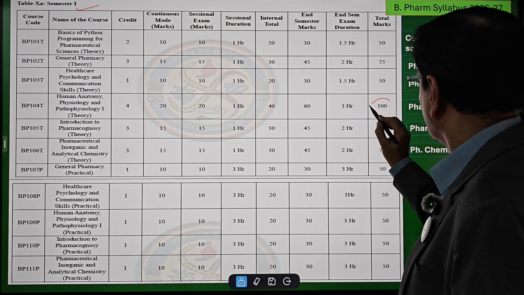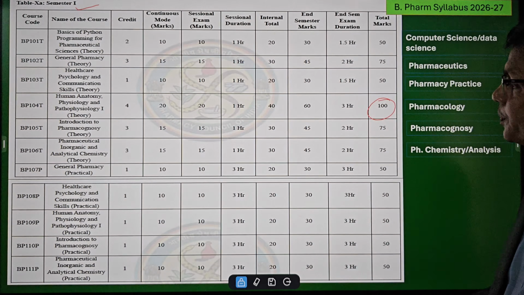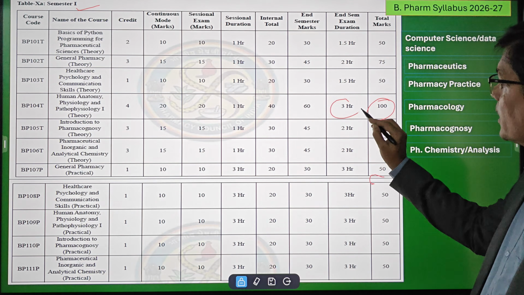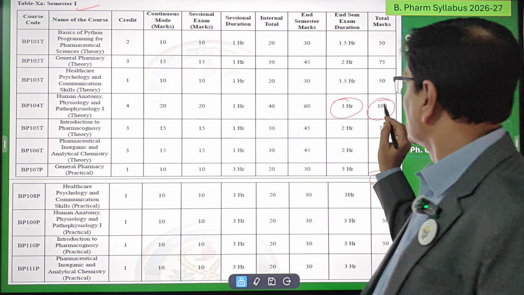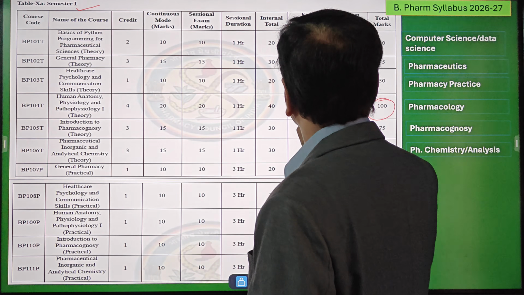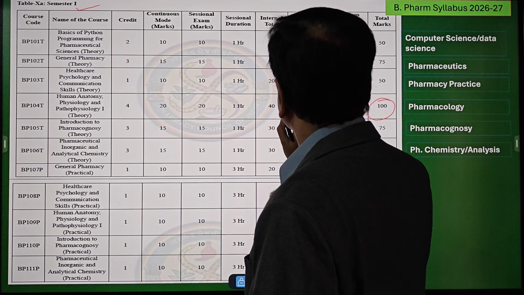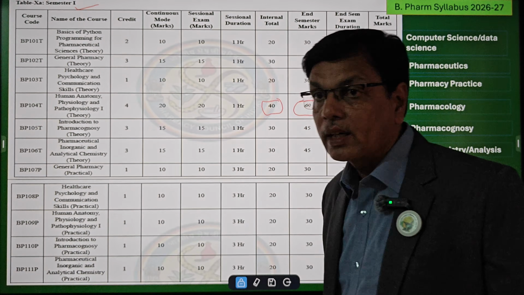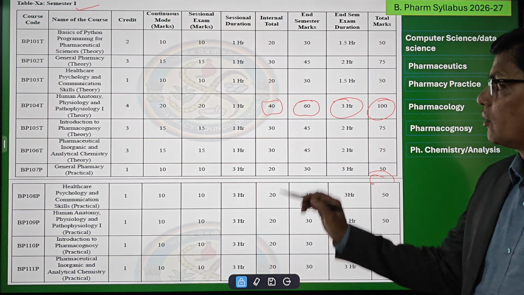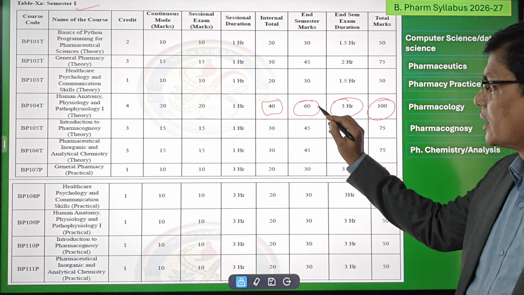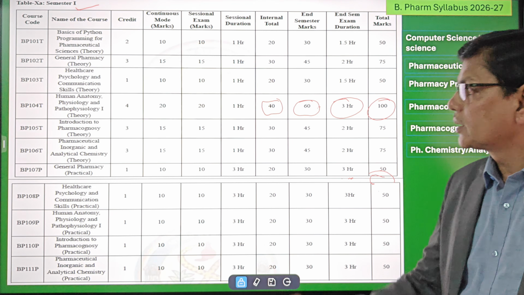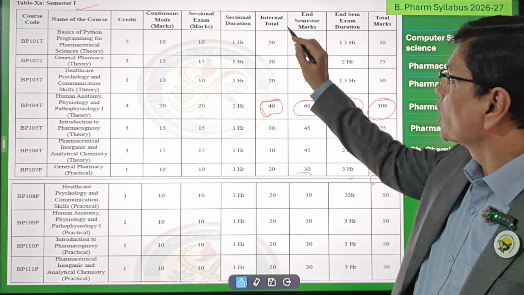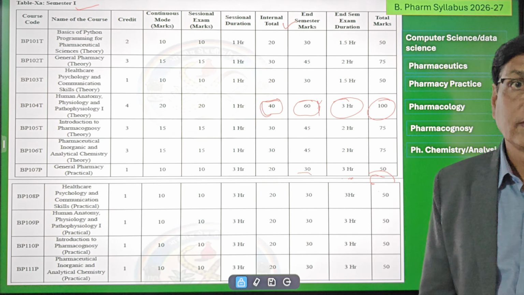Here it is 100 marks, 3 hours end semester examination. Out of 100, 60 is for end semester examination, 40 is for internal assessment. See the big change. We are going to conduct 60 marks end semester examination, whereas 40 marks is for internal assessment.